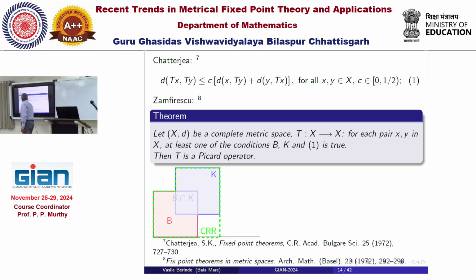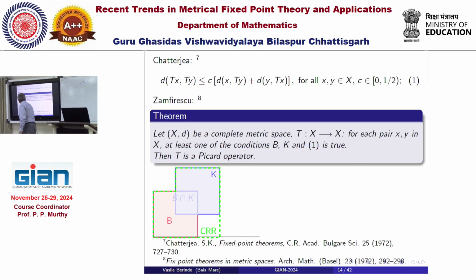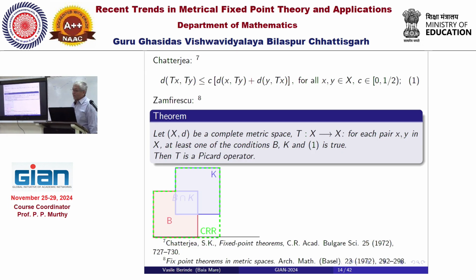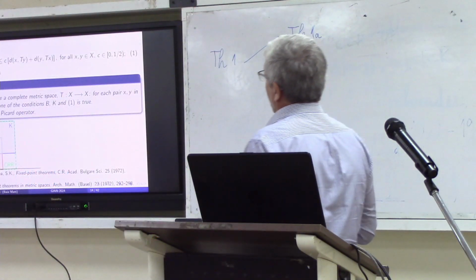The next author is Zamfirescu, sorry. Zamfirescu is a Romanian mathematician. He was very young when he provided this nice theorem. I insist on this because it is the starting point of some of my contribution in fixed point theory.